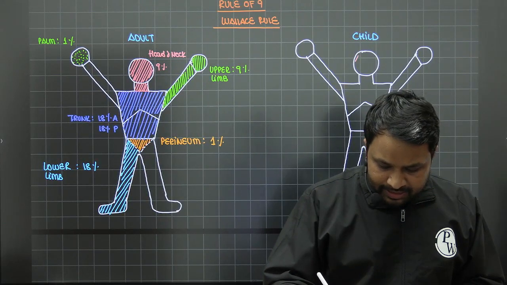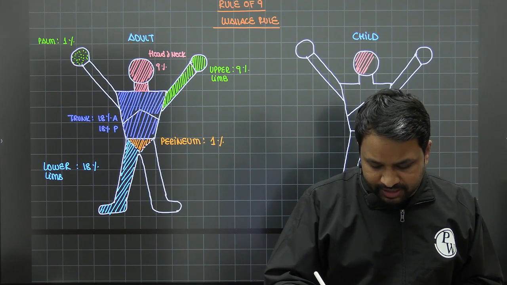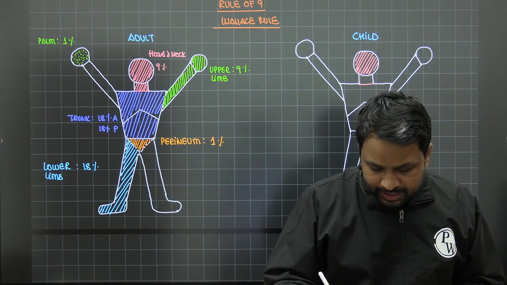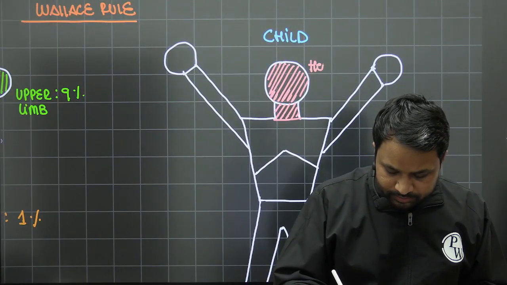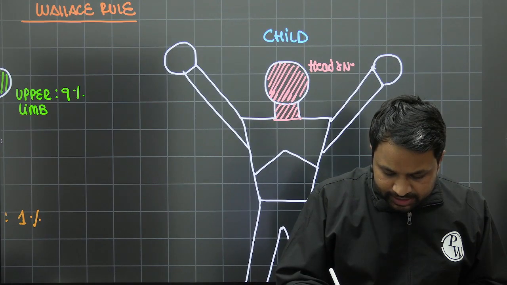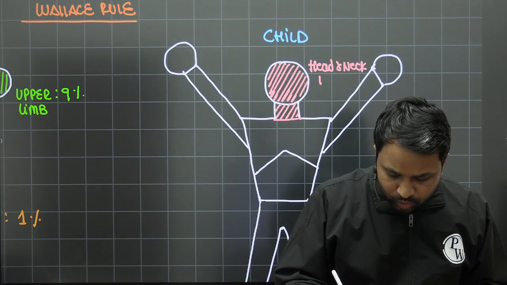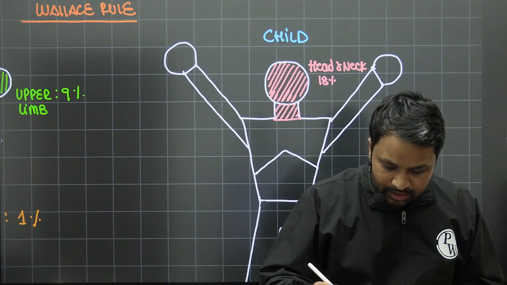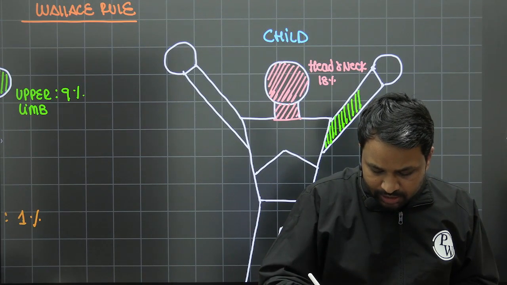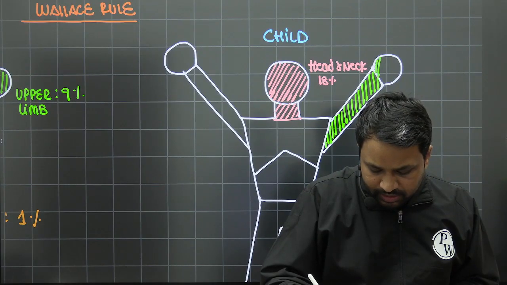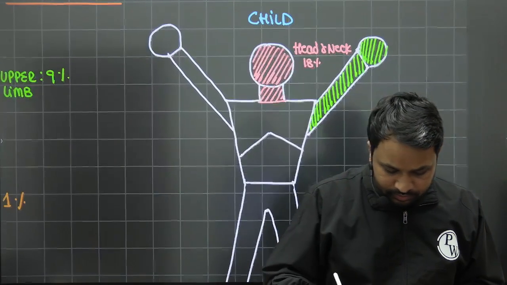The head and neck of the child. What is the variation in a child? The head and neck in a child is going to account for 18%. So a child's head and neck is going to be more, 18%. The upper limb of the child remains the same, 9% total.